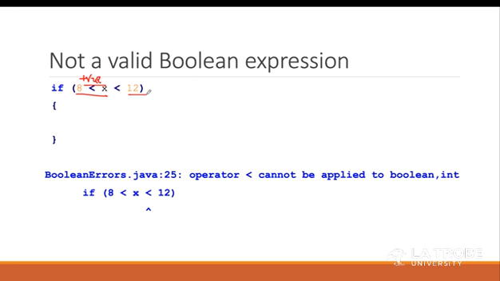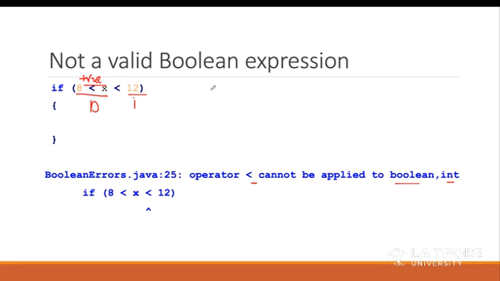So you are comparing a Boolean with an integer, which is not possible. So this is not a valid Boolean expression as well. The error you will get is operator less than cannot be applied to a boolean and an int, because this side is going to be a Boolean and this side is going to be an integer. So it will give you an error.